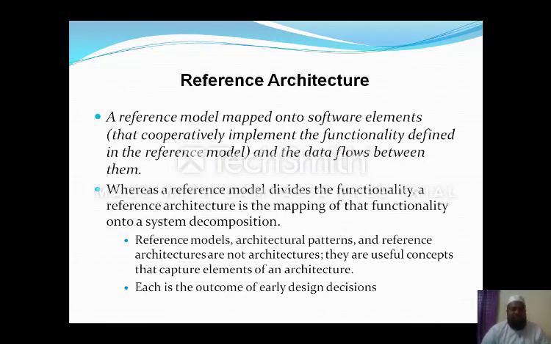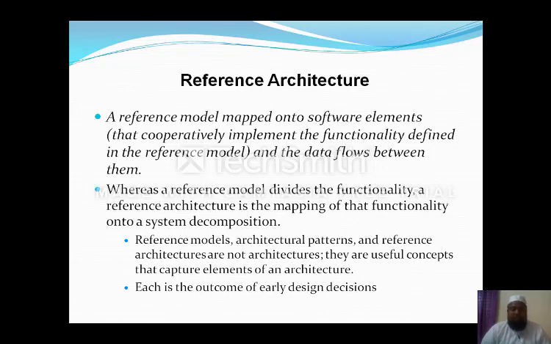The reference architecture is a reference model mapped onto software elements that cooperatively implement the functionality defined in the reference model. That is, in the reference architecture, using the reference model, we try to identify the flow of data among the various modules.